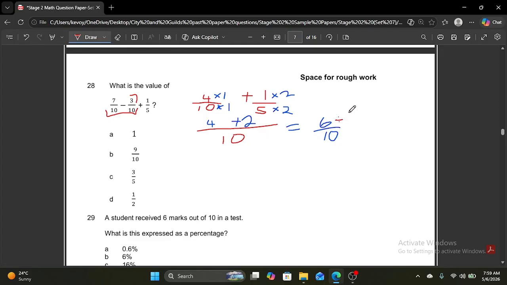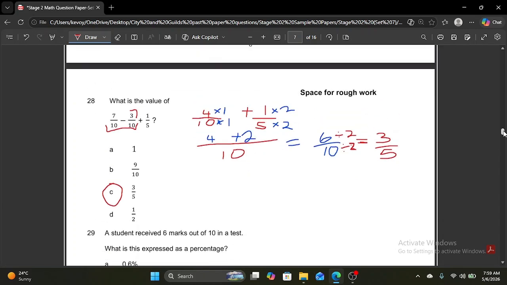So if you divide by 2 for both the top and the bottom, 6 divided by 2 is 3, over 10 divided by 2, which is 5. Can we simplify any further? No, there's no number that can divide 3 and 5 without leaving a remainder. So our answer is C, 3 over 5.